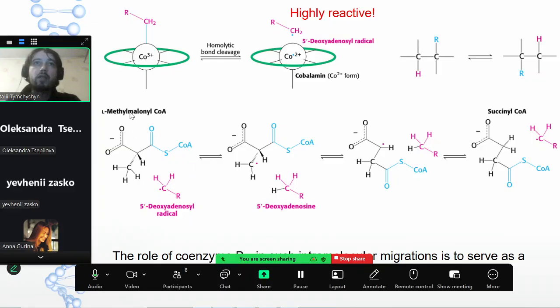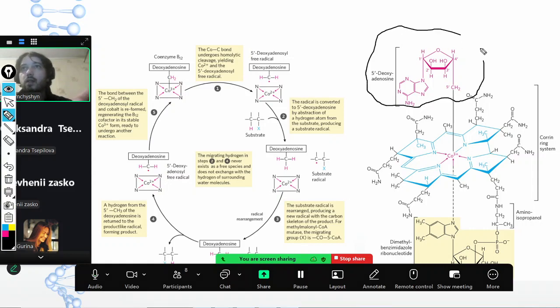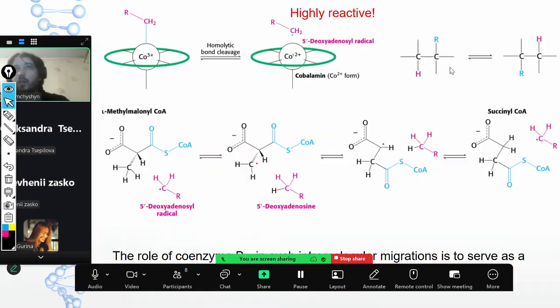That's L-methylmalonyl CoA. Here you see the 5' deoxyadenosine, that's this part, that was transformed into the radical. So here it is.